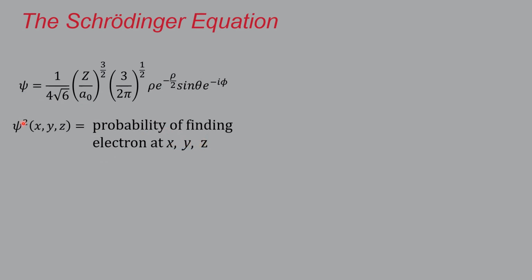This is why these are often also called probability densities. Notice that we are not talking about the actual position of an electron, only the probability of finding it at a particular point in space. This is an aspect of electrons being very wave-like, that they sort of exist everywhere and nowhere at the same time. So you have an 80% chance of finding it at this one spot in space.